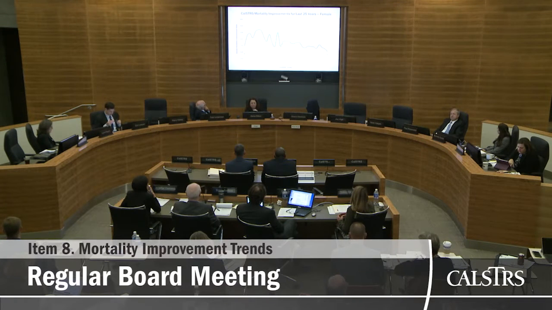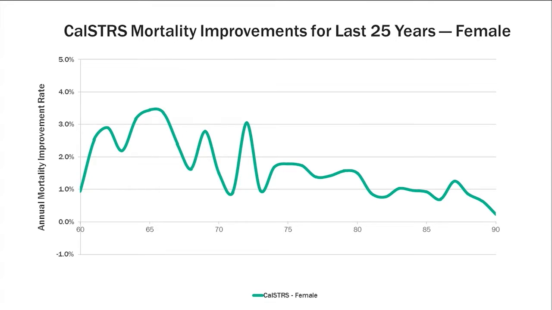So this chart here, we've been talking about life expectancy, improvements in life expectancy. When actuaries set the mortality assumptions, what we really do is we derive a mortality rate for each age. Here we want to show you the average improvement, in this case decline, in the mortality rate on an annual basis over the last 25 years.